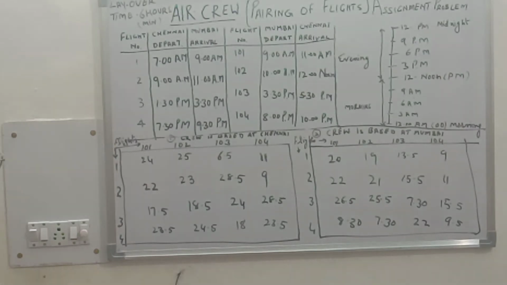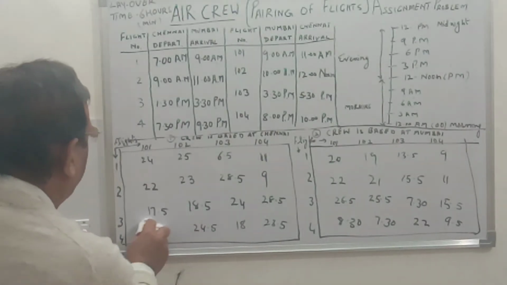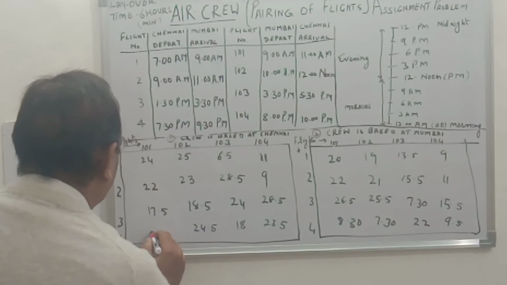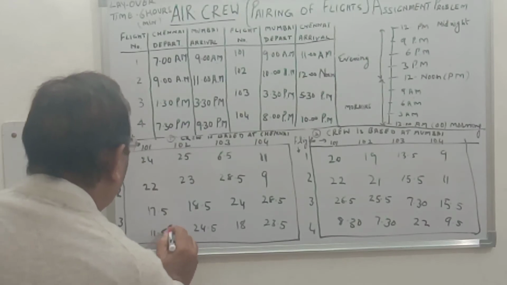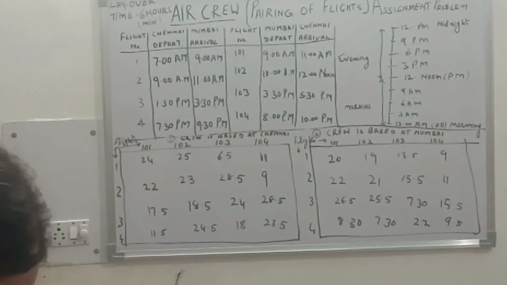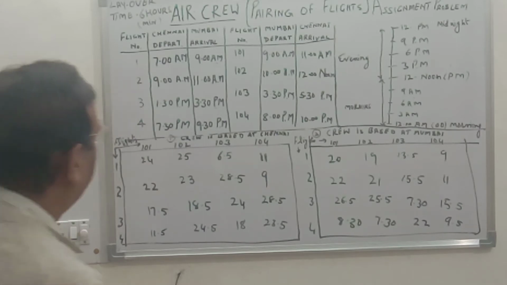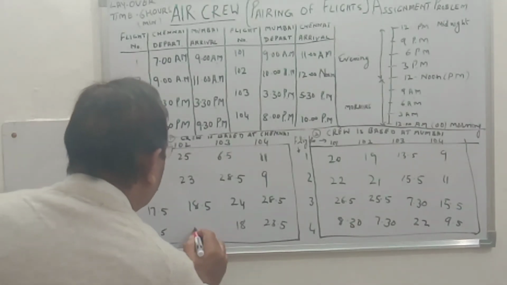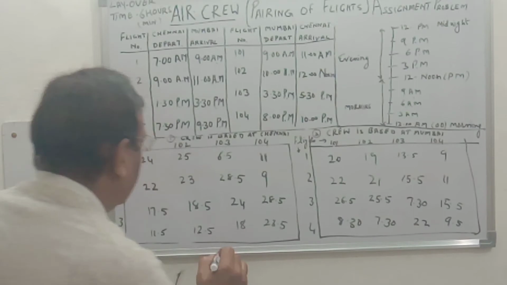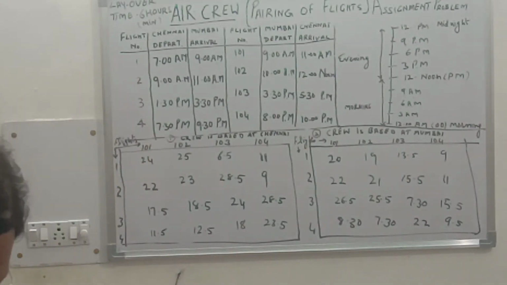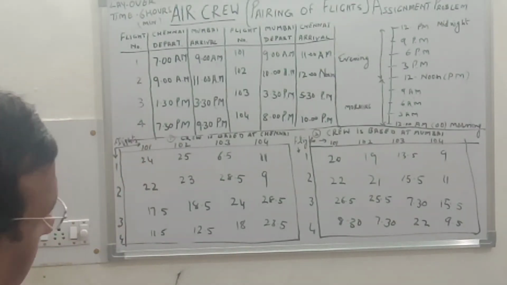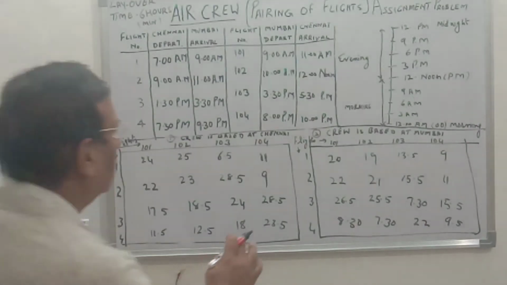11.5, 17.5. This should be 11.5. And next is 12.5. And next is 18, which is correct. 22.5, it should be 22.5.